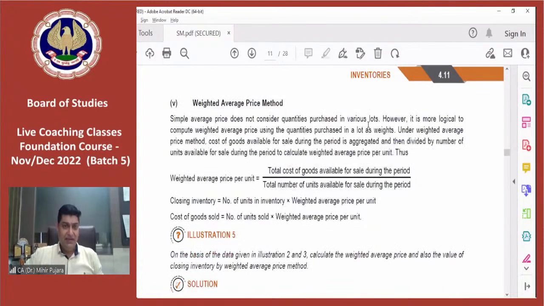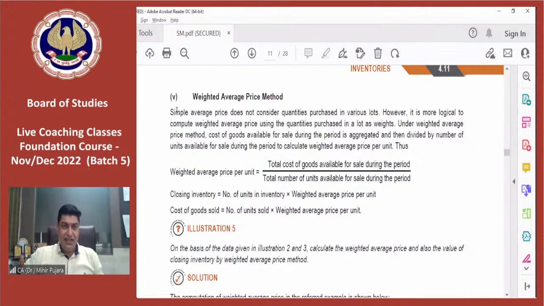Here quantities are ignored, but in this method, quantities are taken into consideration. So under the weighted average method, we find total cost divided by total quantity. So the minus point of the simple average method has been done away with.